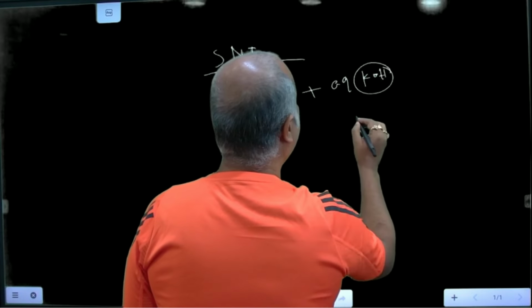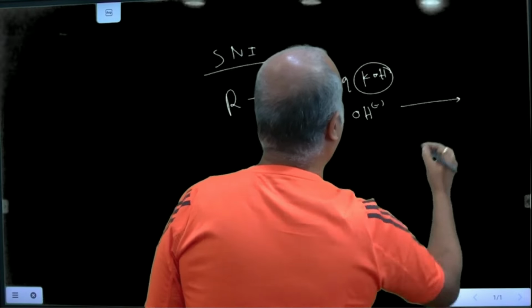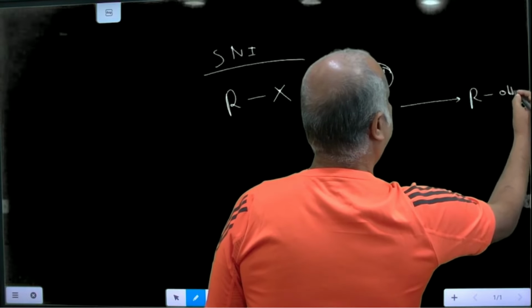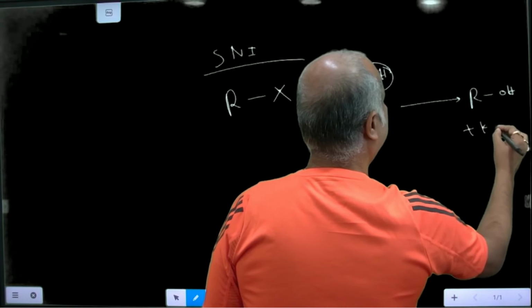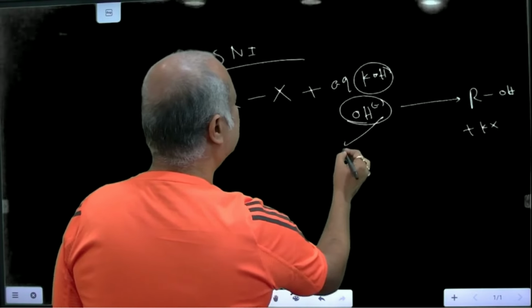In aqueous KOH, OH minus acts as a nucleophile, giving ROH plus KX. This is the nucleophile.